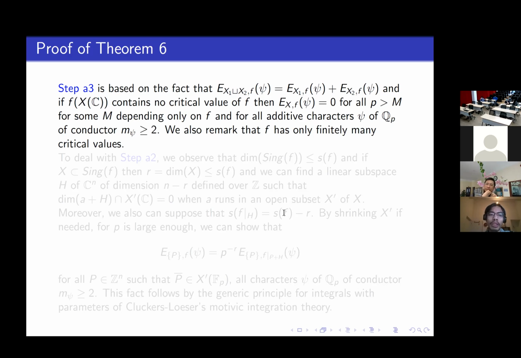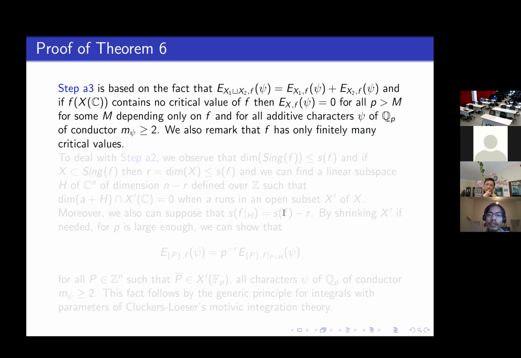Moreover, if the fiber contains no critical value of F, then the exponential sum equals 0 for all p bigger than some integer M depending only on F, and for all additive characters, according to the lemma.